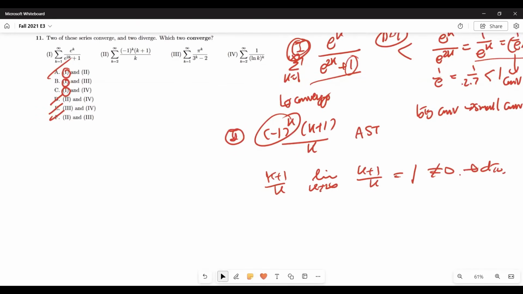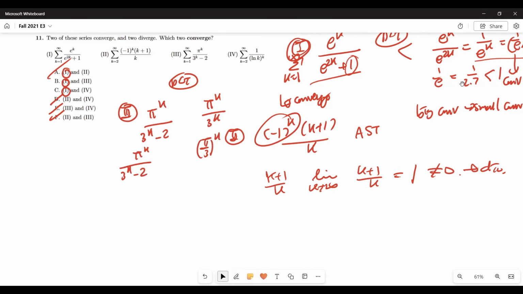Okay, 3. 3 is pi k over 3k minus 2. Let's do the direct comparison test again. This can be grouped as pi k over 3k, and then pi k over 3k minus 2.